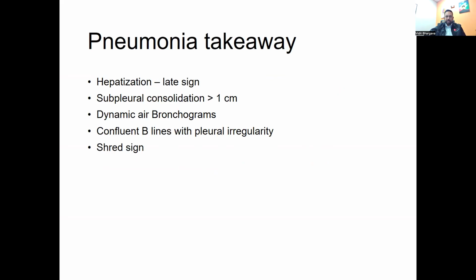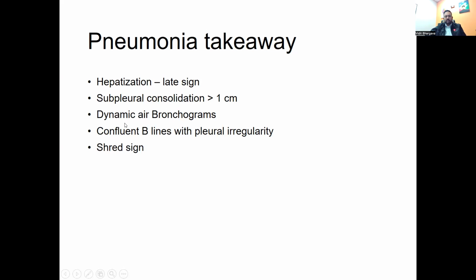And so I wanted to wrap up this case with some takeaways for pneumonia. There are a few different signs that help us diagnose pneumonia. Hepatization, which is where the lung starts looking like liver tissue, is generally a late sign. Subpleural consolidation more than 1 centimeter in size.